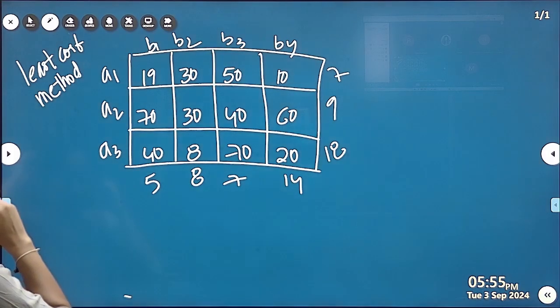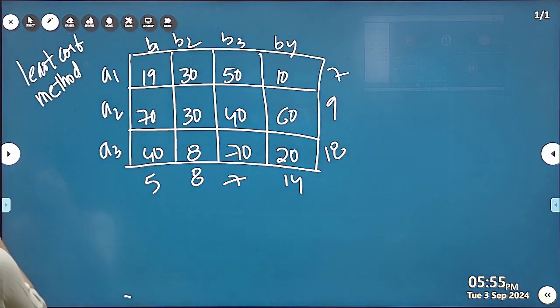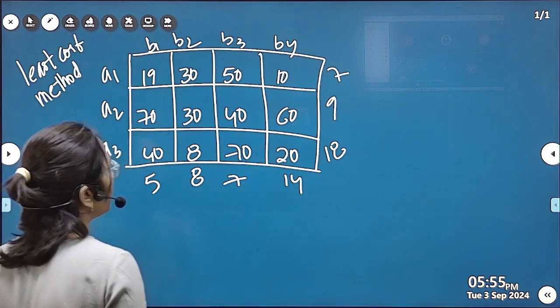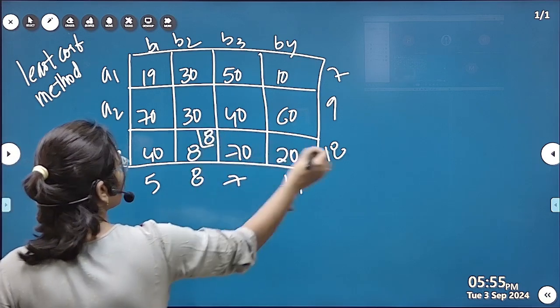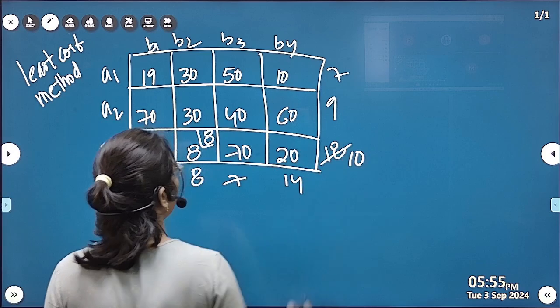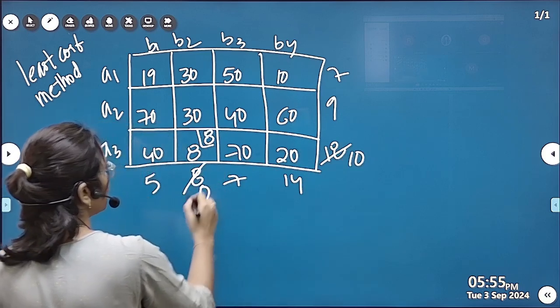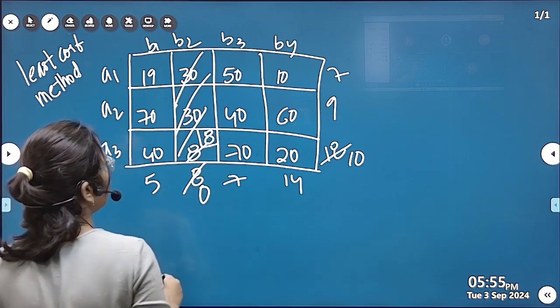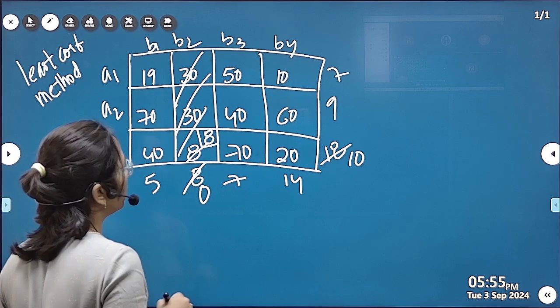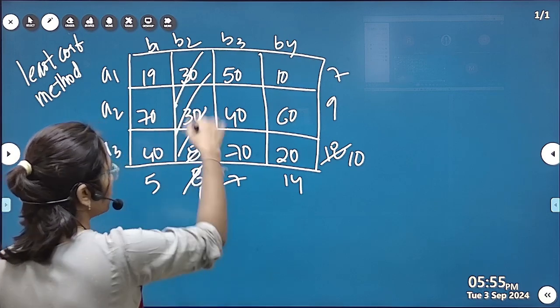A3 में 18, B2 में 8. हाँ. So now how many units should we take? 8 units. So 8 can be subtracted from 18. So remaining 10 units will be there. So here 8 will be 0, right? So this B2 has met the full amount. So you need to scratch that.